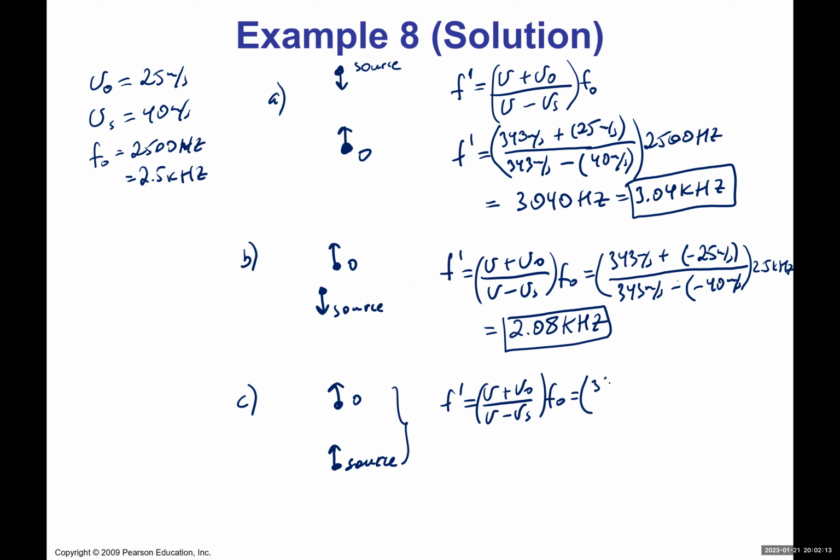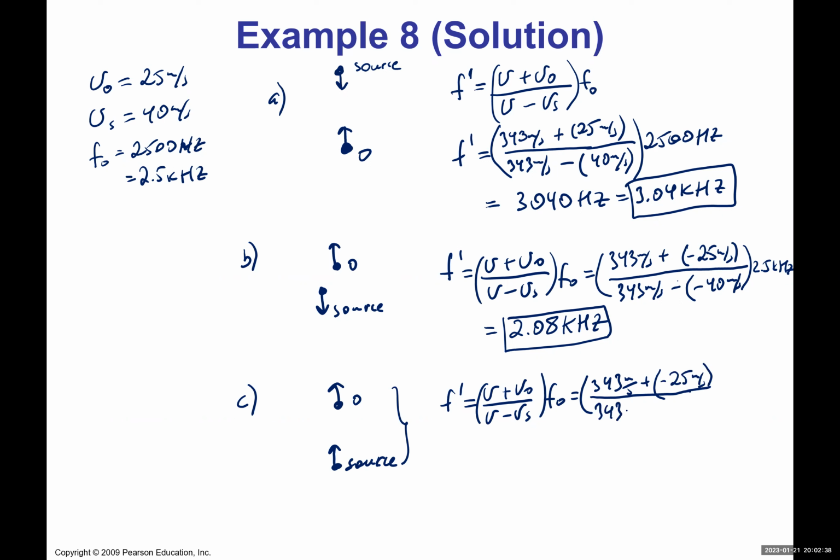So what I have here is 343 meters per second plus the velocity of the observer. Well, the observer is moving away from the source. So again, moving away from the source means negative 25 meters per second.